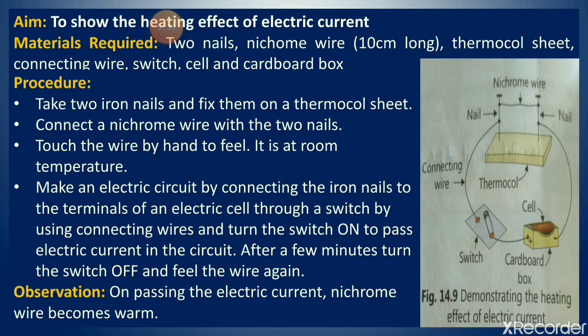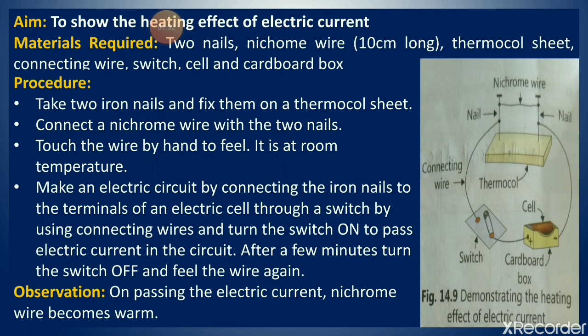Another terminal, the positive terminal of the cell, is connected with the switch through a wire, and that switch is again connected with the iron nail by a connecting wire. So this is the complete circuit, the complete setup for the activity.